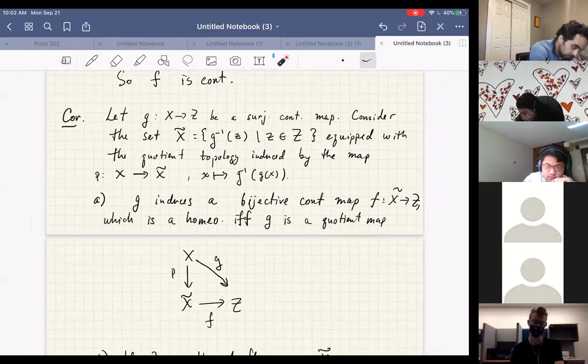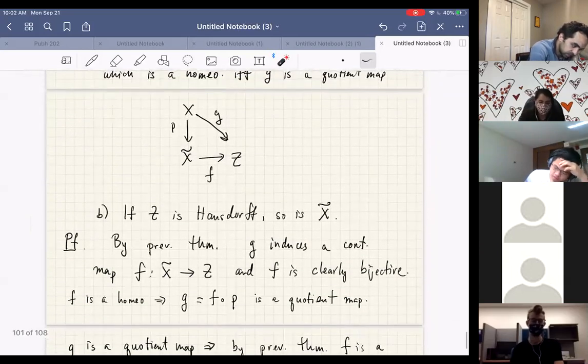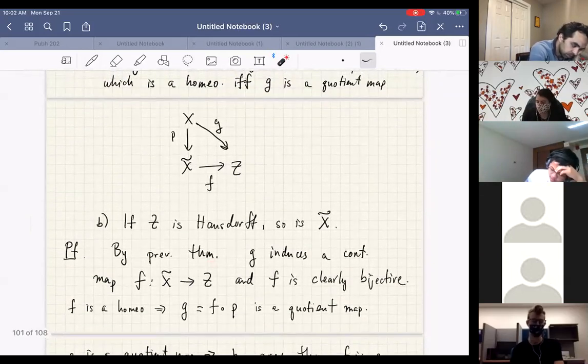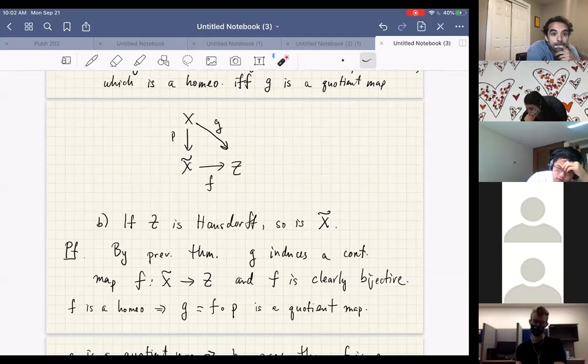So this induced map, in this case F, is a homeomorphism if and only if G is a quotient map. So first, as we just said, by the previous theorem, G induces a continuous map F, assuming G is continuous, right? And F is clearly bijective in this case, right?